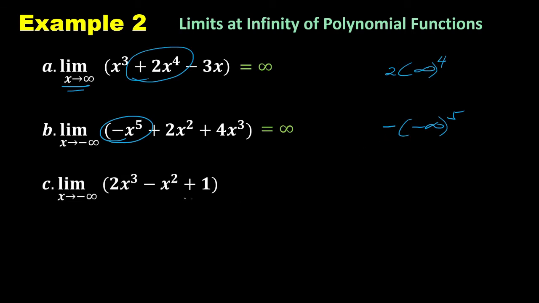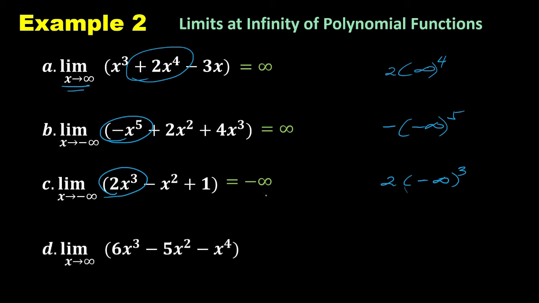If we have the limit of 2x cubed minus x squared plus 1 as x approaches negative infinity, so we're going to consider this term, and we have 2 times negative infinity raised to 3. So we have a very large number raised to 3 is negative infinity times 2, so that would be negative infinity.